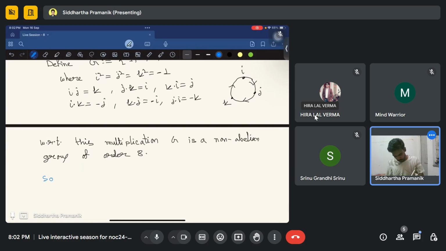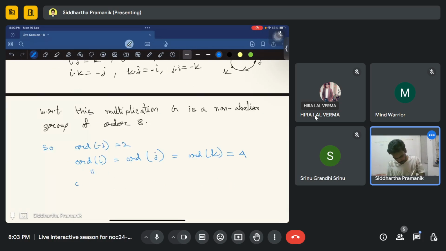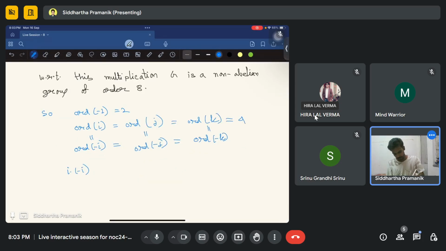So the order of -1 is 2, and the orders of i, j, k are all 4, and this is the same as the orders of -i, -j, -k. The inverse of i is -i, because (-i) square is 1.